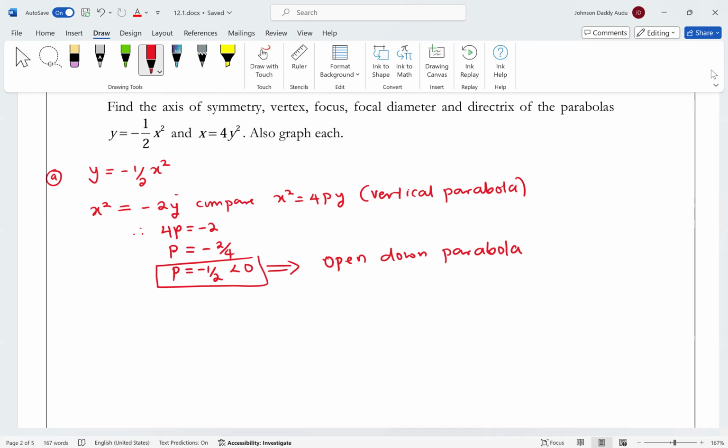So if this is a vertical parabola, the axis is going to be the y-axis, right? So our axis of symmetry is going to be the y-axis.